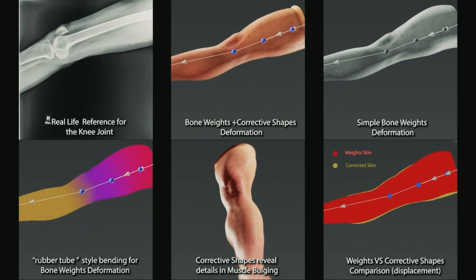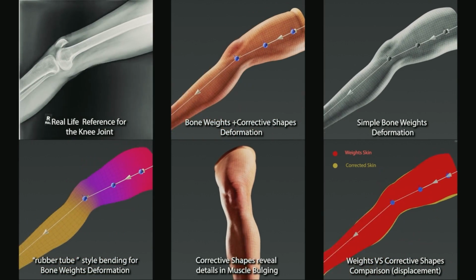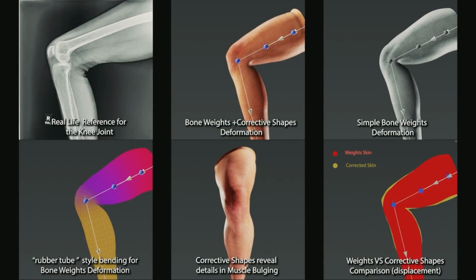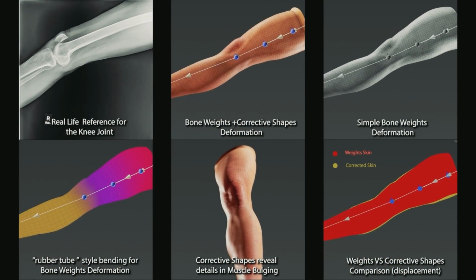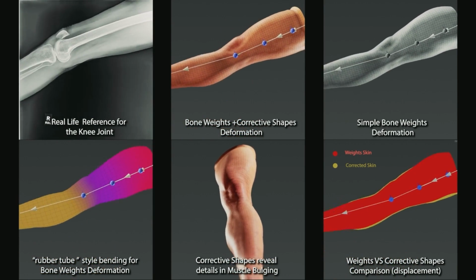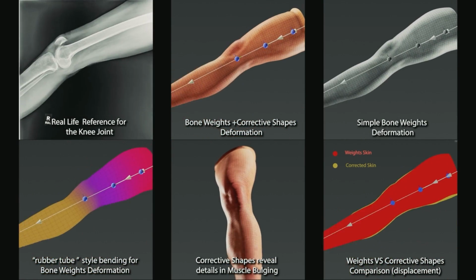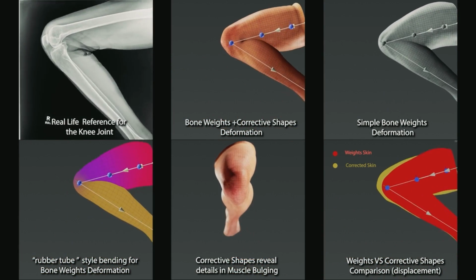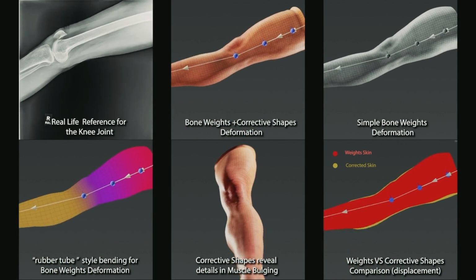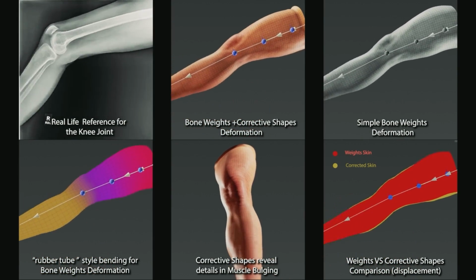Why should we do that? Because, for example, on the right side, you can see the black and white 3D leg that is bending with bone weights and looks like a tube. It doesn't have volume, it's just bending, and that's the bending with weights. Bending with corrective shapes keeps its volume.